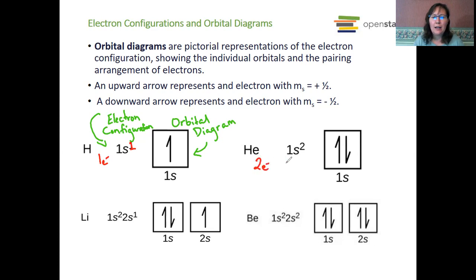Helium has 2 electrons, so it has 2 electrons in that 1s shell, so 1s2. Lithium has 3 electrons, so 1s2, 2s1, and the electrons would add like this. Beryllium has 4 electrons, 1s2, 2s2, and you would show it like this. And you can just keep on going.